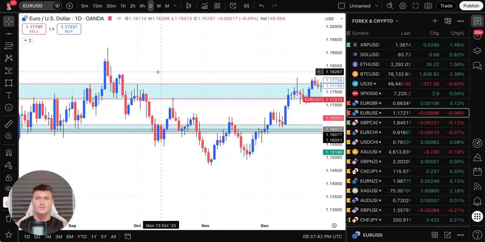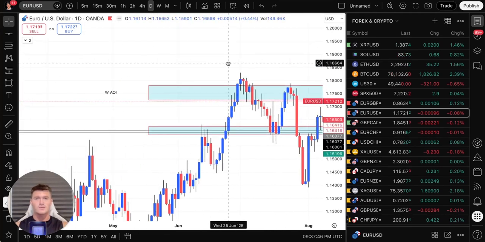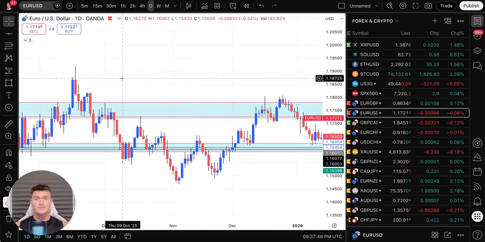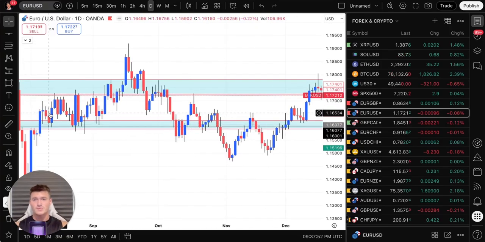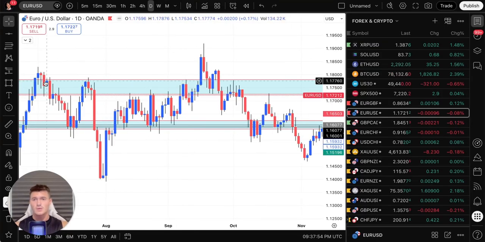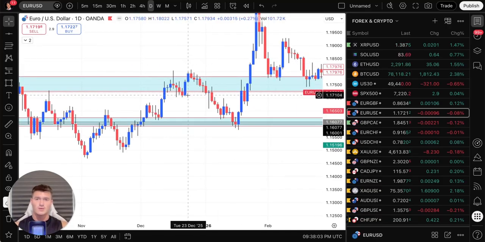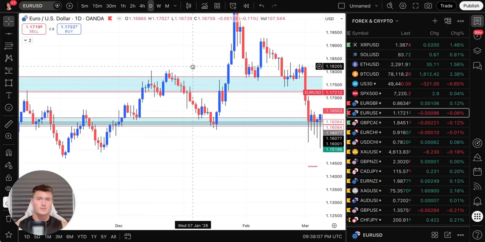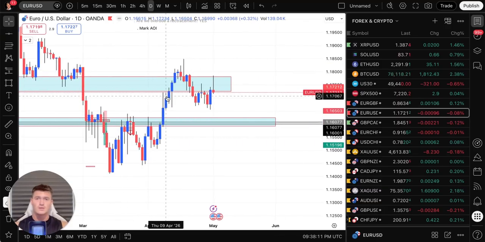I'll just count that. It's 3, 4, 5, 6, 7. So we have about 7 touches, and that's not including what's underneath. Look, I'll even count here too. So we got 1, 2, 3, 4, 5, 6, 7, 8, 9. I'll count, this is 8, 9, 10.